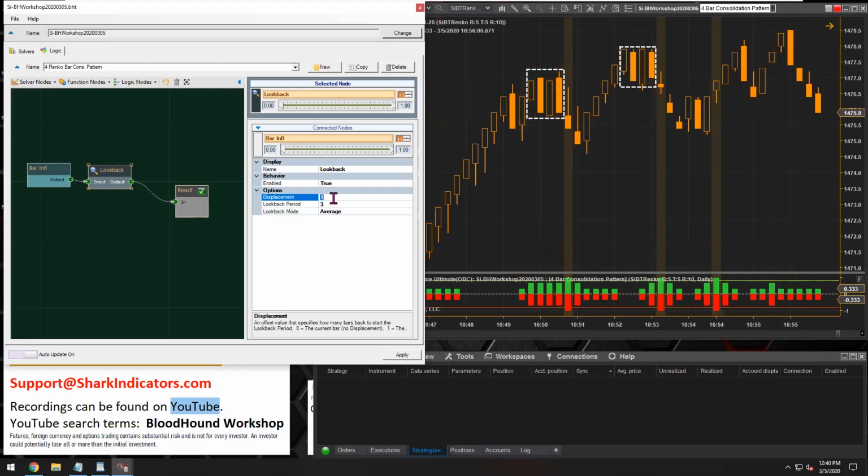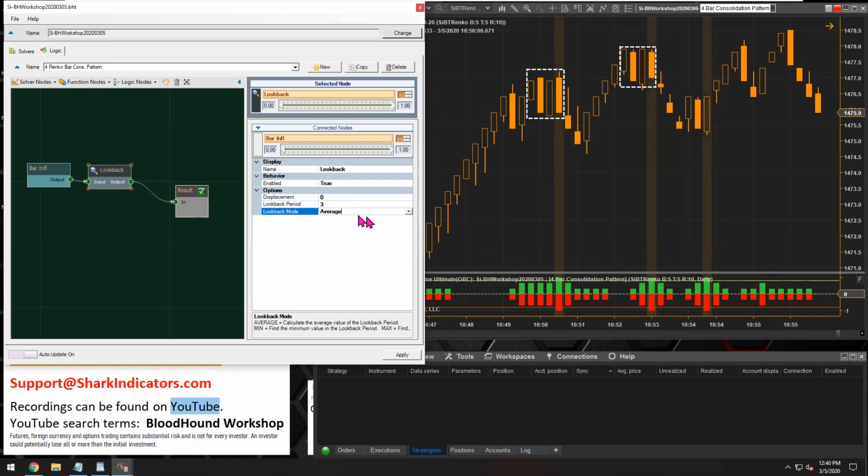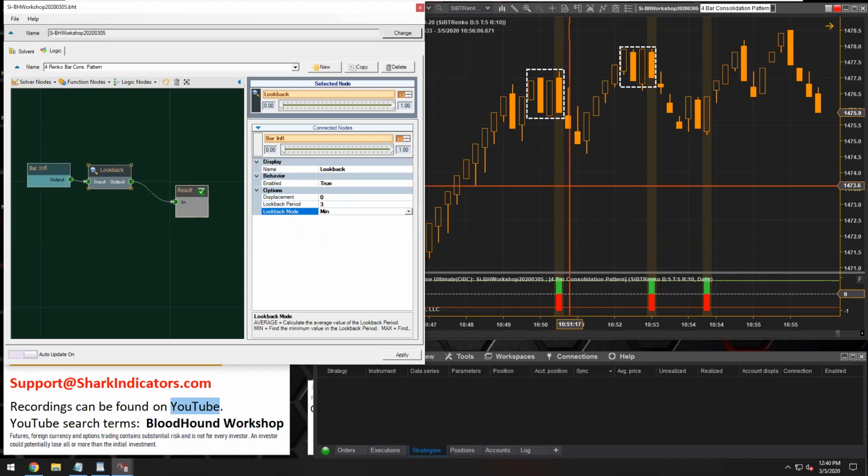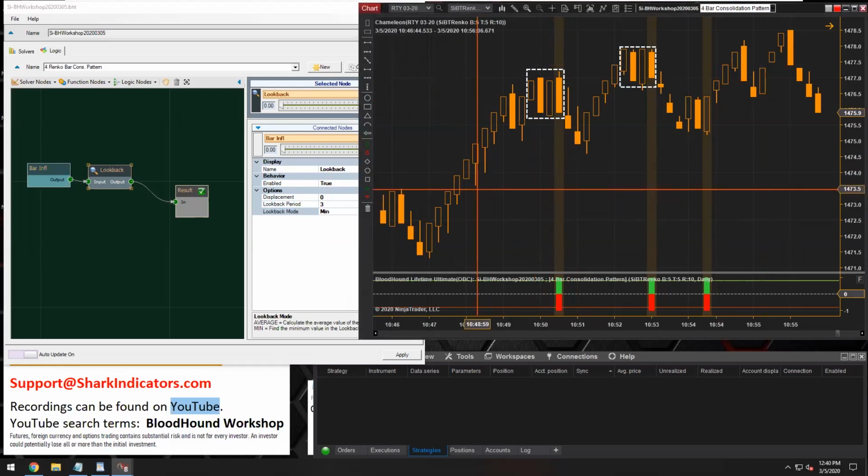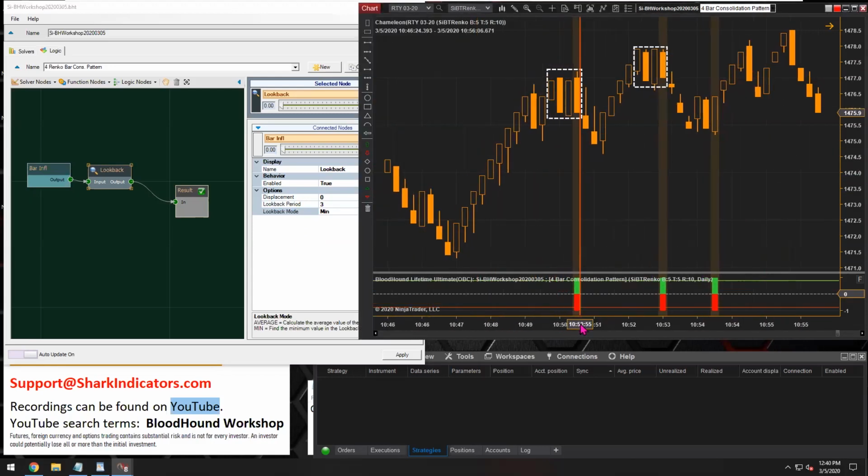I don't need the displacement, so I'm going to turn the displacement off. Look back period of 3, and I need a minimum of 3 reversal bars in a row. So this should identify this pattern.